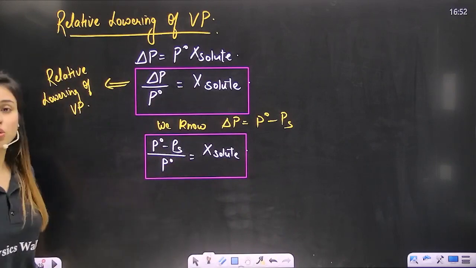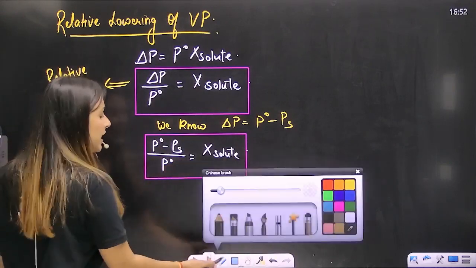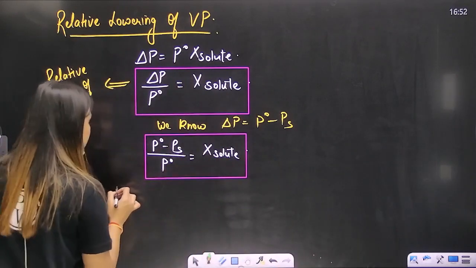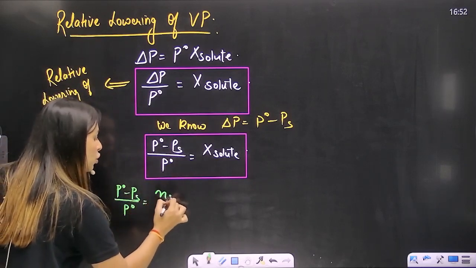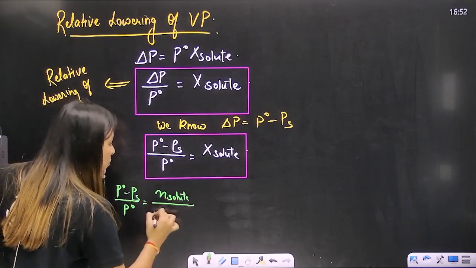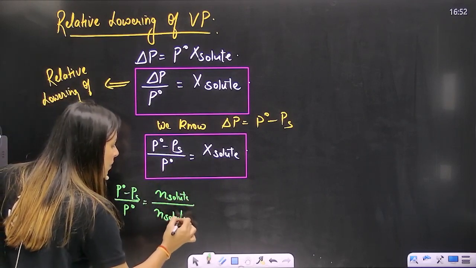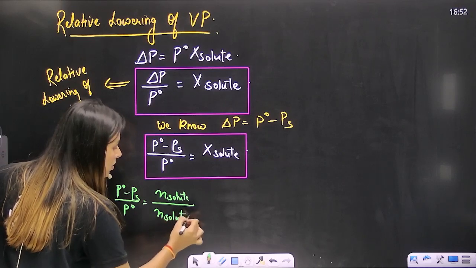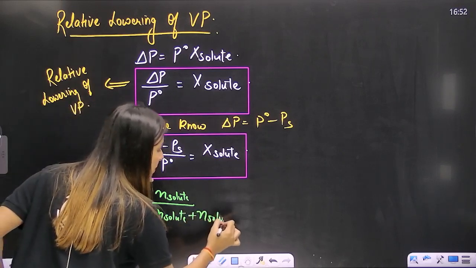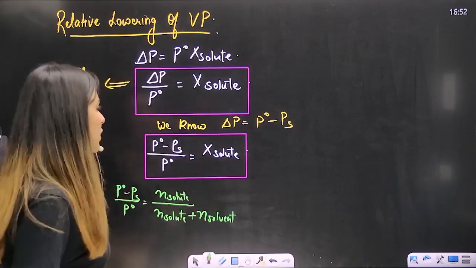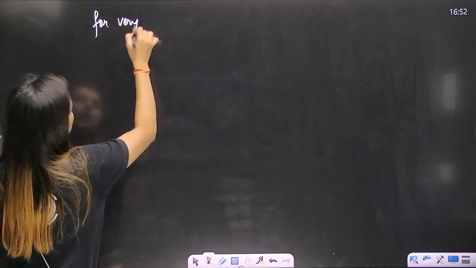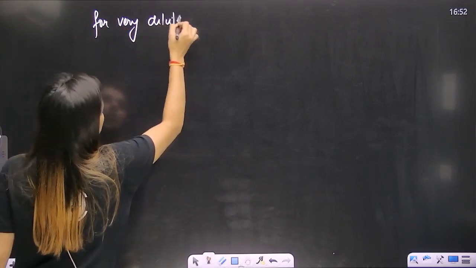Also you can open it and write it in n number of ways, my dear students. You can write it as P naught minus PS upon P naught is equal to moles of solute upon moles of solute plus moles of solvent. Okay, and if you have a very dilute solution, what can you say? Let's write it for very dilute solutions.